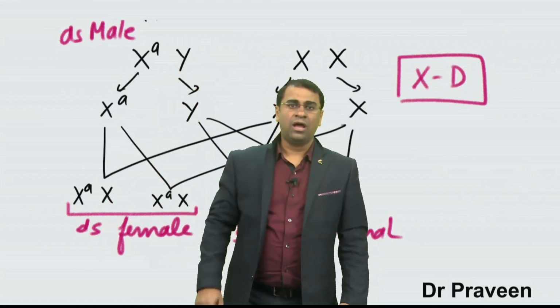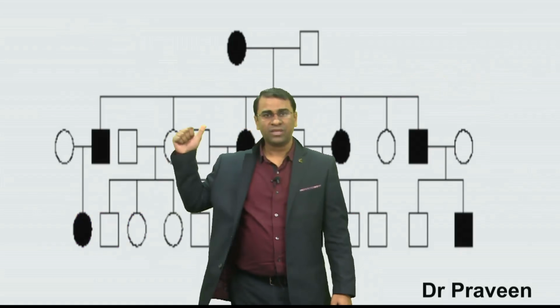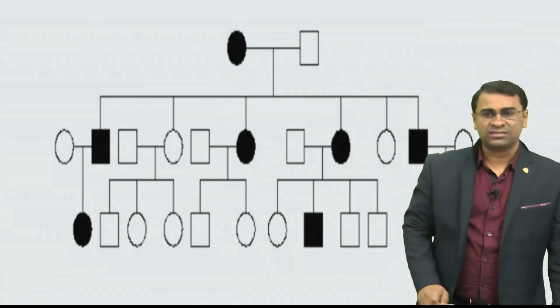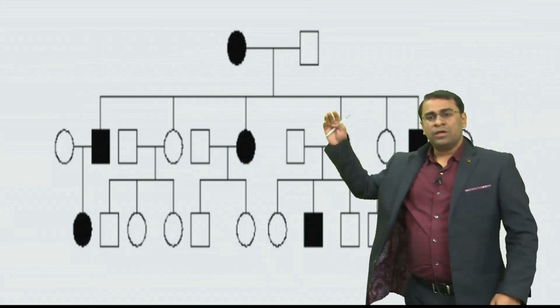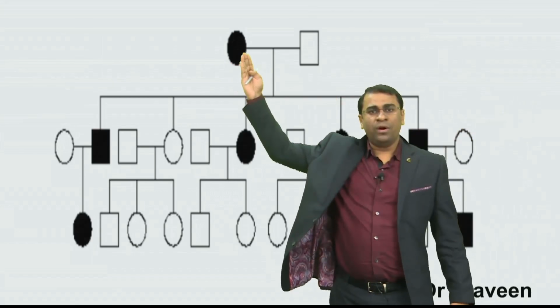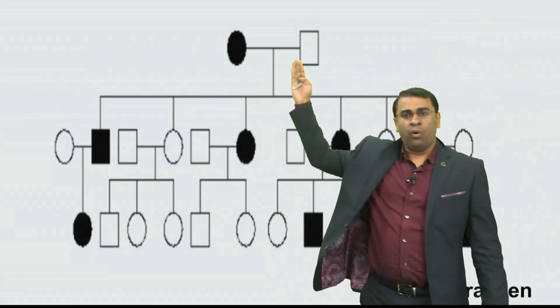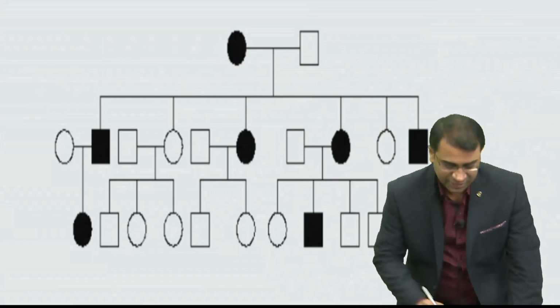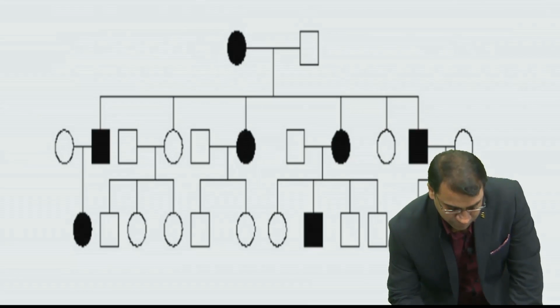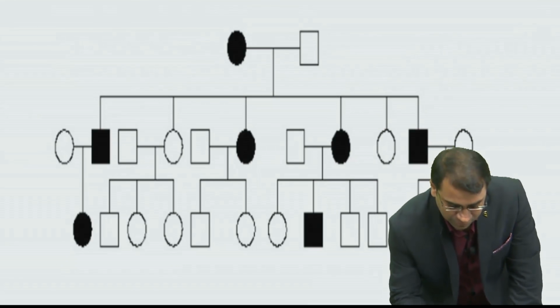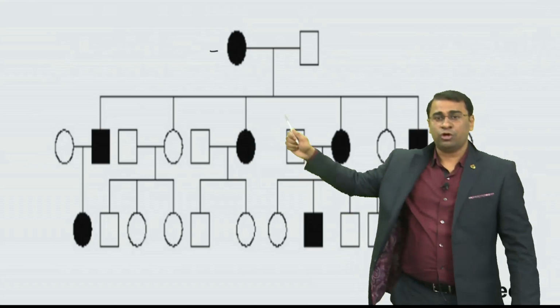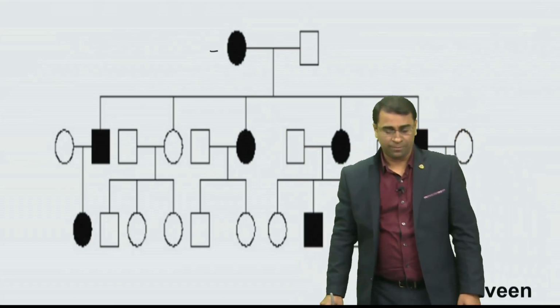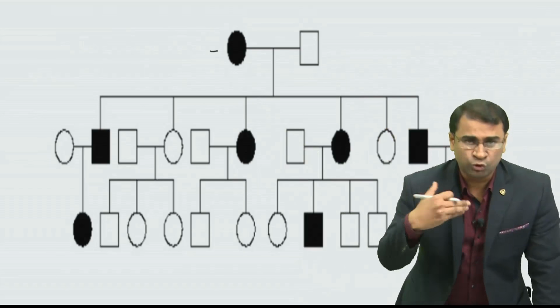Let's now see how to solve pedigree. When you get a pedigree like this, the problem is you need to think about what is the genotype of this and what is the genotype of this one. Let's assume that this is dominant condition, autosomal dominant. So what is the usual way?